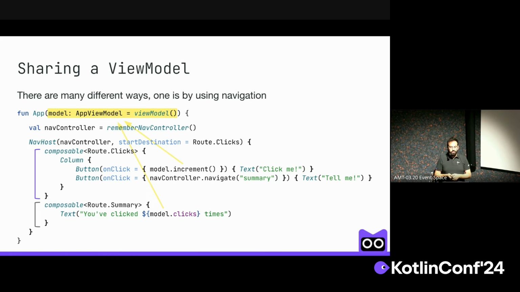What I've done here, the middle thing in purple, is just two buttons: one that says "click me" and increments the number of clicks, and one to navigate to the other screen. In the other screen, we just show how many times you've clicked. Because we are sharing the view model, and it is scoped to the whole application, you can go back and forth from one to the other, and this information is going to be saved.